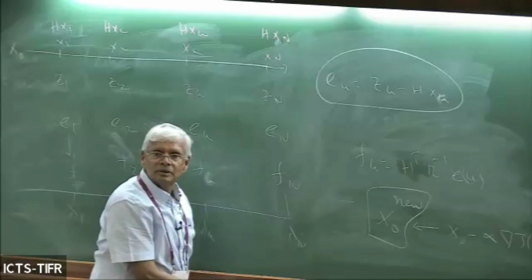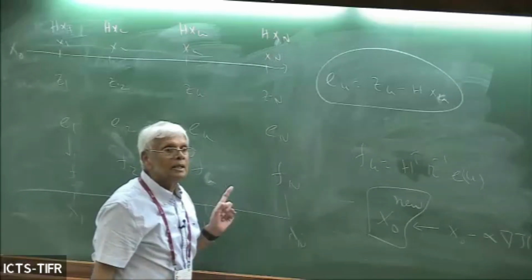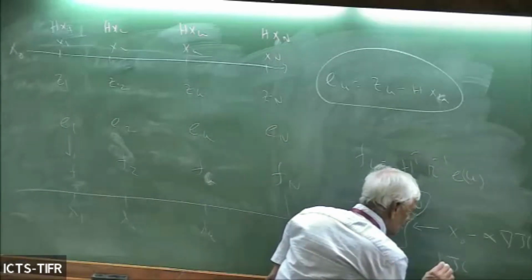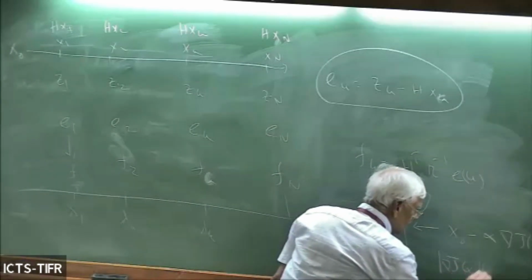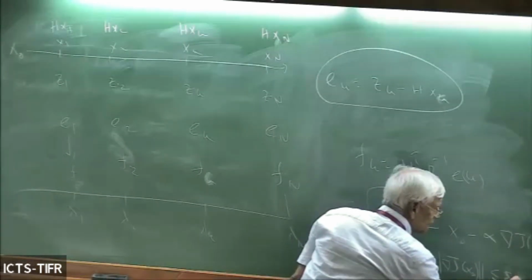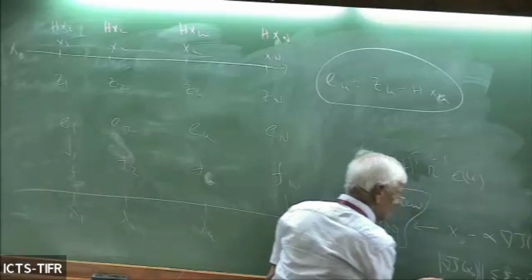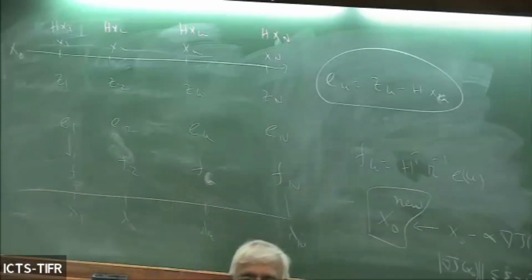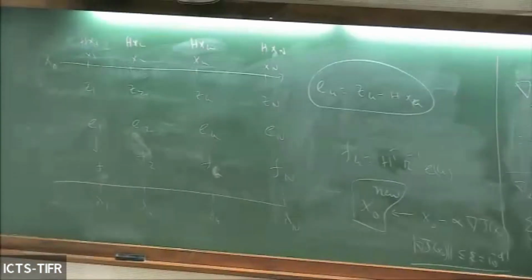All of you with me, please? When do you stop? You stop when the absolute value of the gradient is less than or equal to epsilon. Epsilon could be 10 to the power of minus d. If d is 2, 2 decimals. If d is 5, 5 decimals. Everybody? That's right.